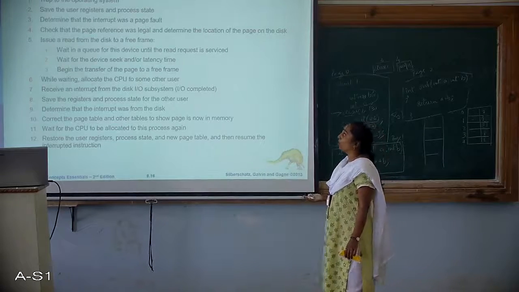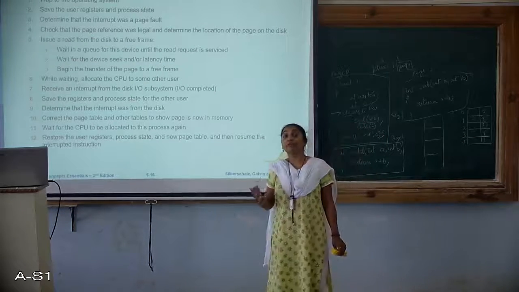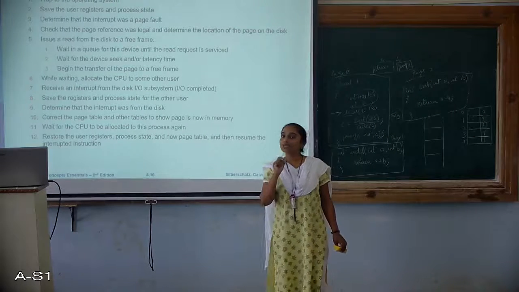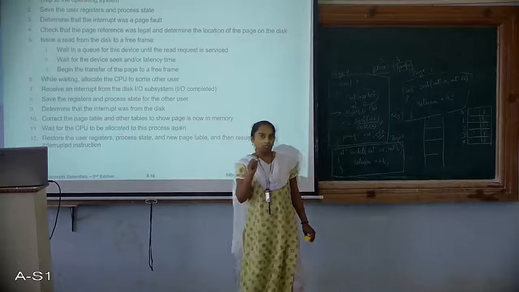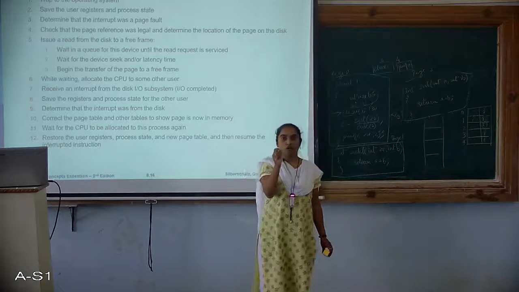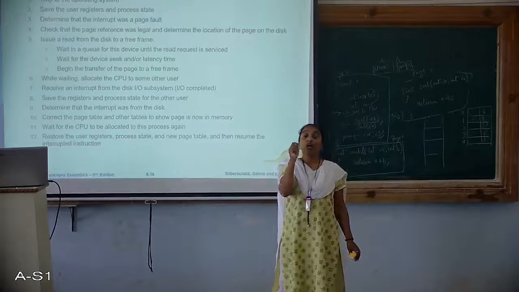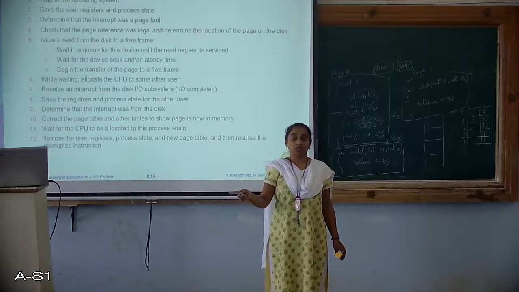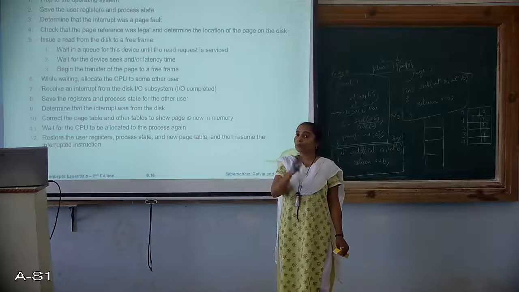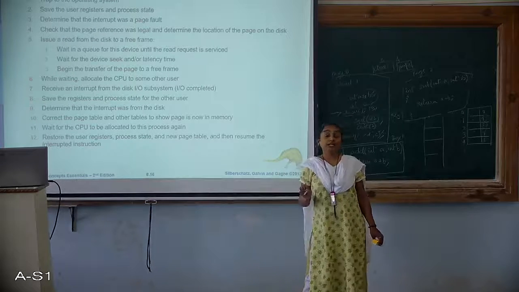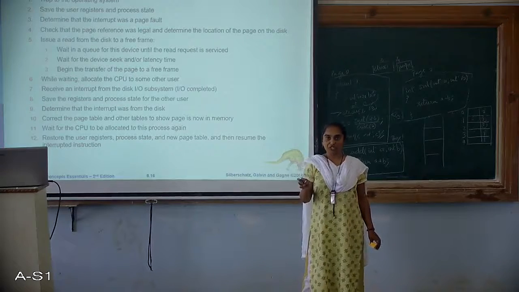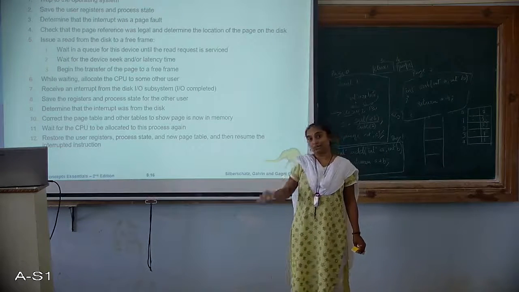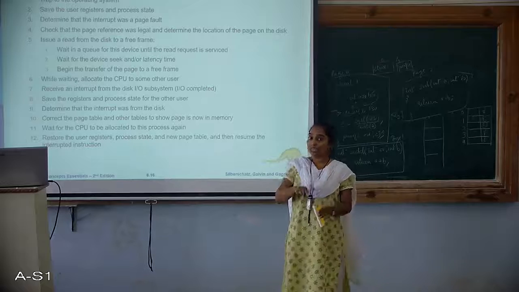Next, determine the interrupt was for a page fault. Check what kind of interrupt that process has generated. Is it a page fault interrupt? A process can interrupt for multiple things. It can interrupt for an IO request, for other services, or to say that something else is wrong. Whatever it is, the operating system has to check what interrupt signal it is, what its question is, what data it has sent. It will verify all that and then do the task that has to be done.